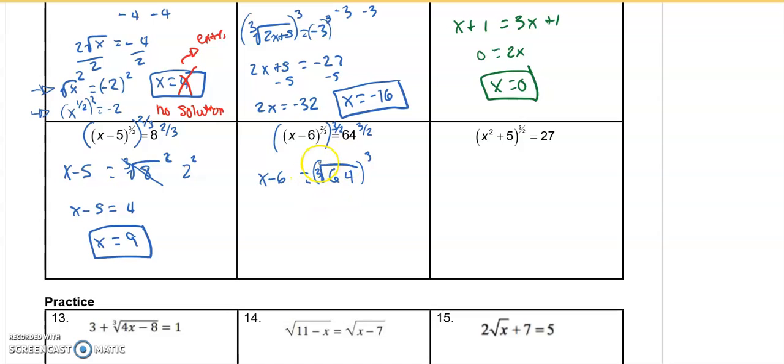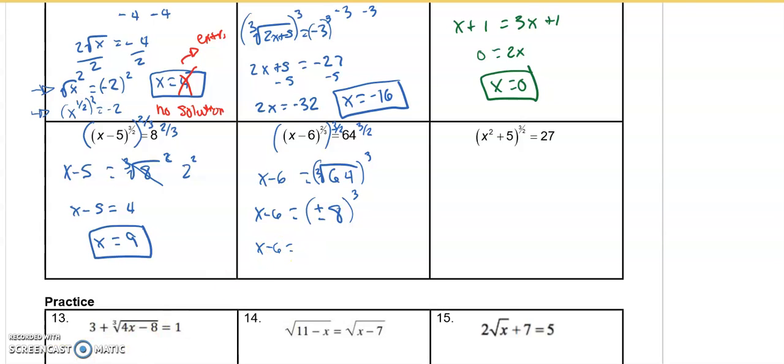Now because I took the square root of this, I need to think about plus or minus. So x minus 6 equals plus or minus, let's see, square root of 64 is 8, to the 3rd power. So really, x minus 6 is equal to positive 8 cubed. Man, what is that? I don't even know what that is. 8 cubed, 64.